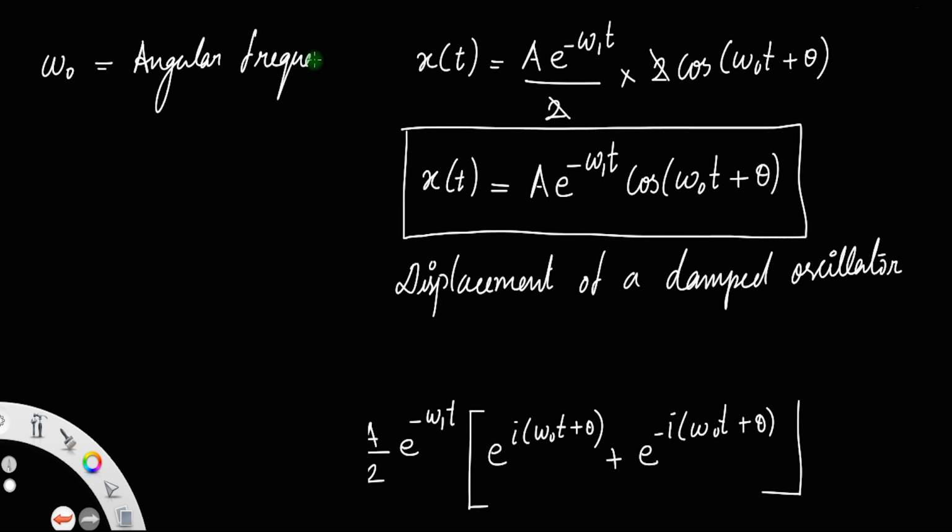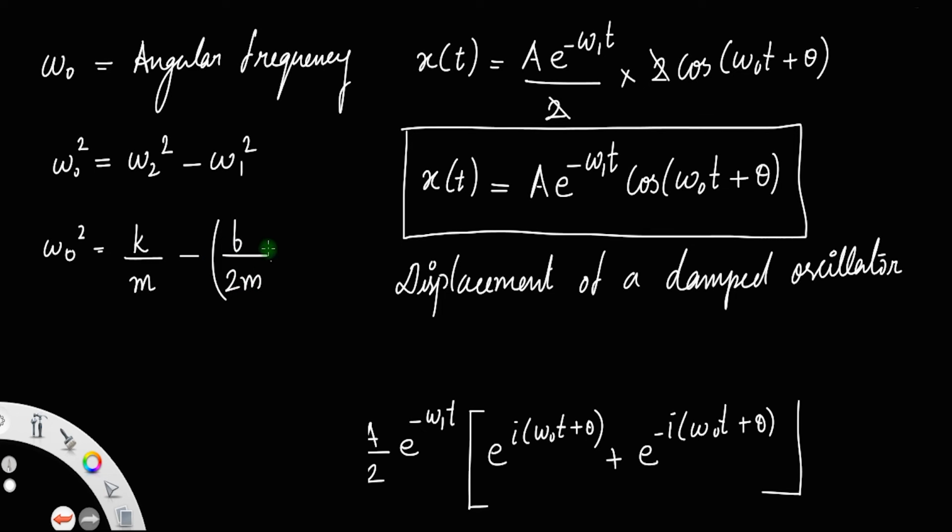We have omega 0 squared equal to omega 2 squared minus omega 1 squared, where omega 2 squared is equal to k by m and omega 1 squared is equal to (b by 2m) whole squared.